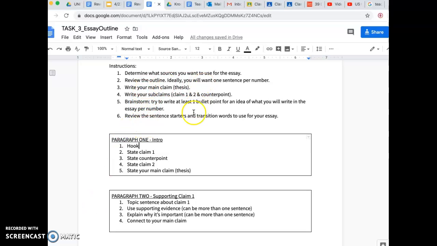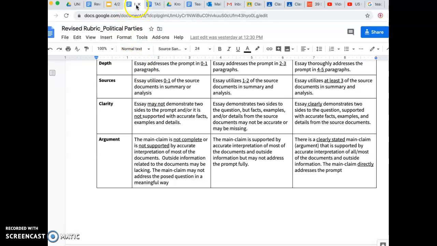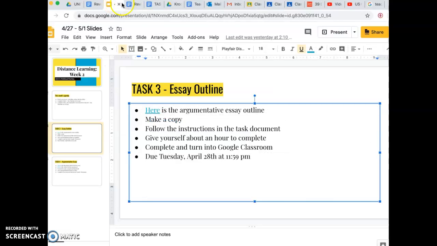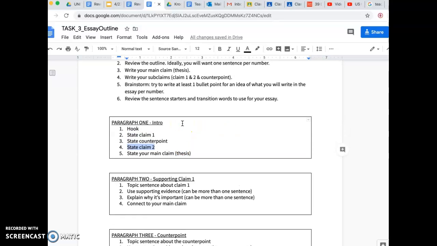So, as you can see here, the introductory paragraph has a hook, claim 1, a counterpoint. Recall, this is going to be important because it says in clarity in the rubric that the essay clearly demonstrates 2 sides of the question. So whenever we're creating our argument, we need a claim, a counterpoint, and then a rebuttal, or claim 2. Claim 2 is essentially going to be a rebuttal.